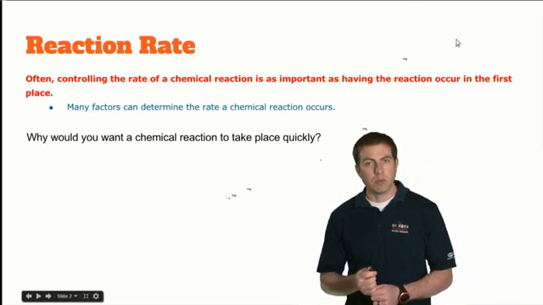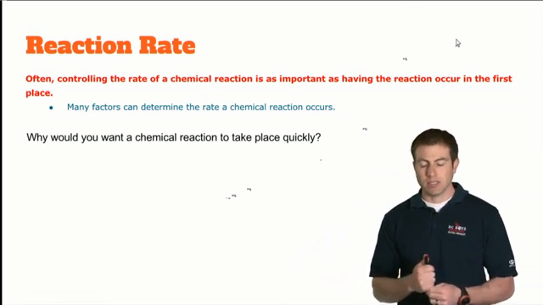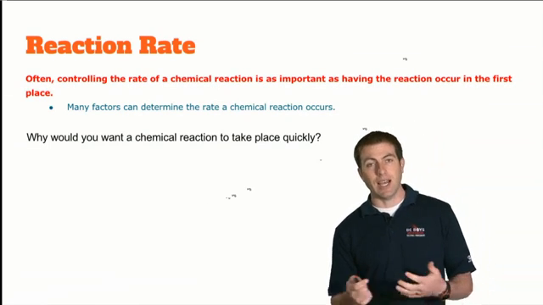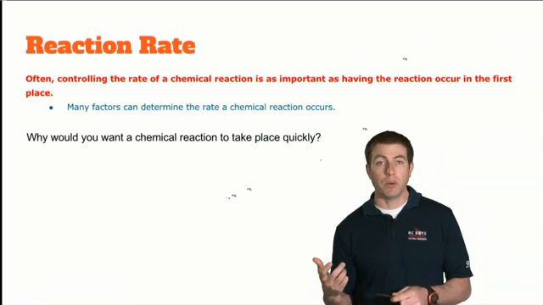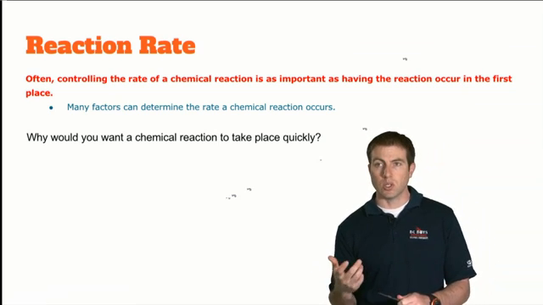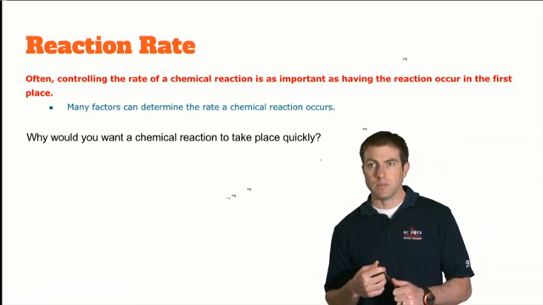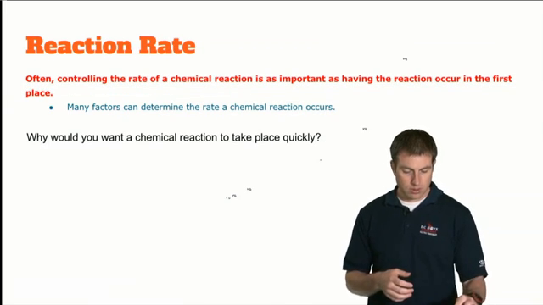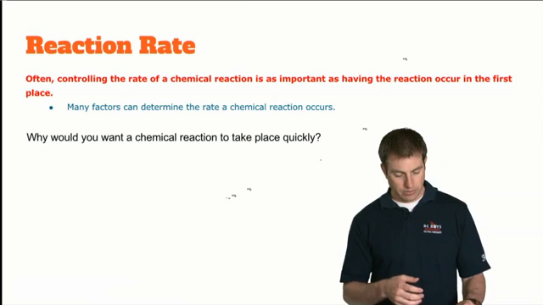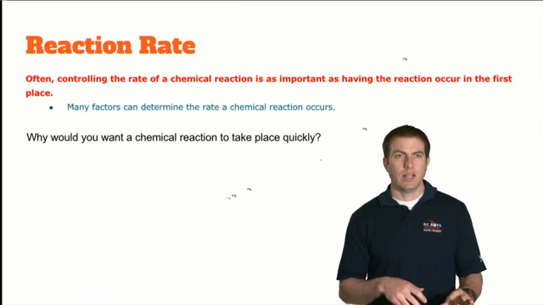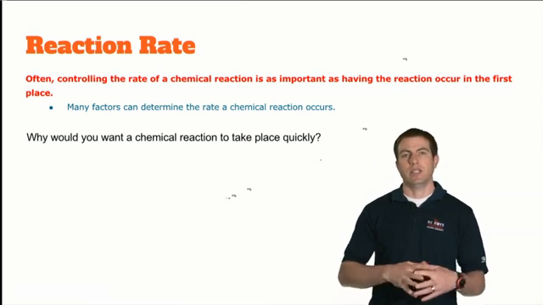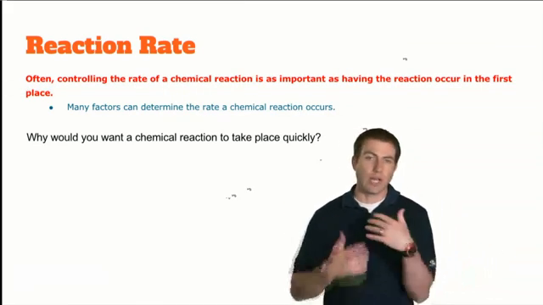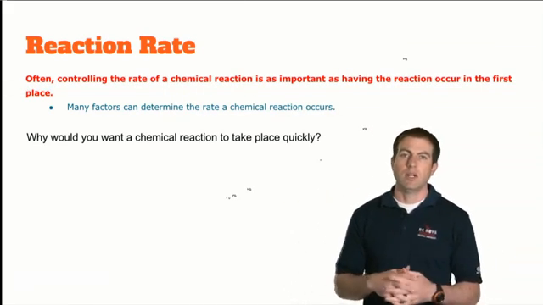Anyone think of why we would want a chemical reaction to take place really fast? What would be an example of somewhere where you would hope a chemical reaction would go really quickly? Anyone think of any examples of that in your everyday life? And chemical reaction is really broad, right? There's literally billions of chemical reactions going on inside your body right now.